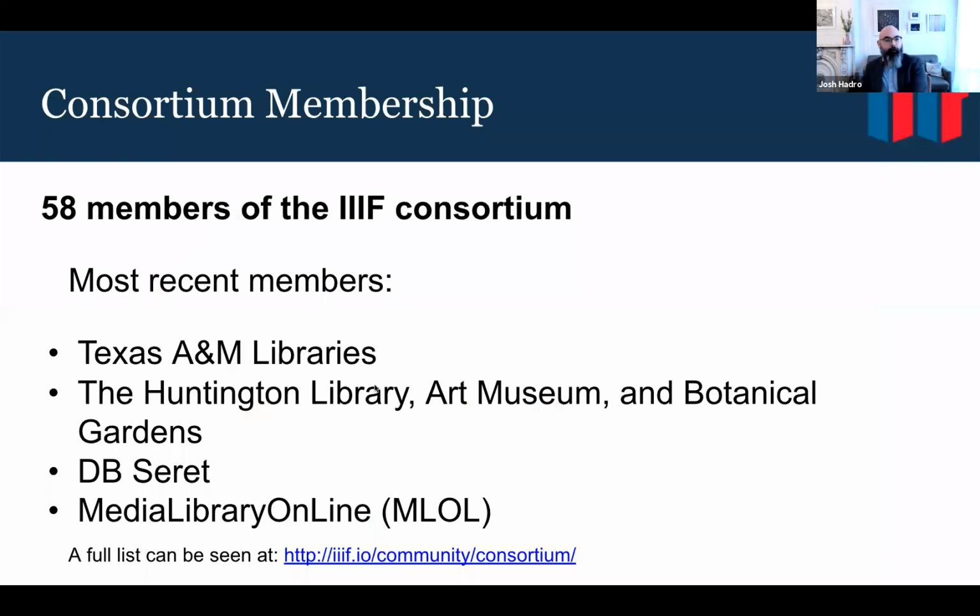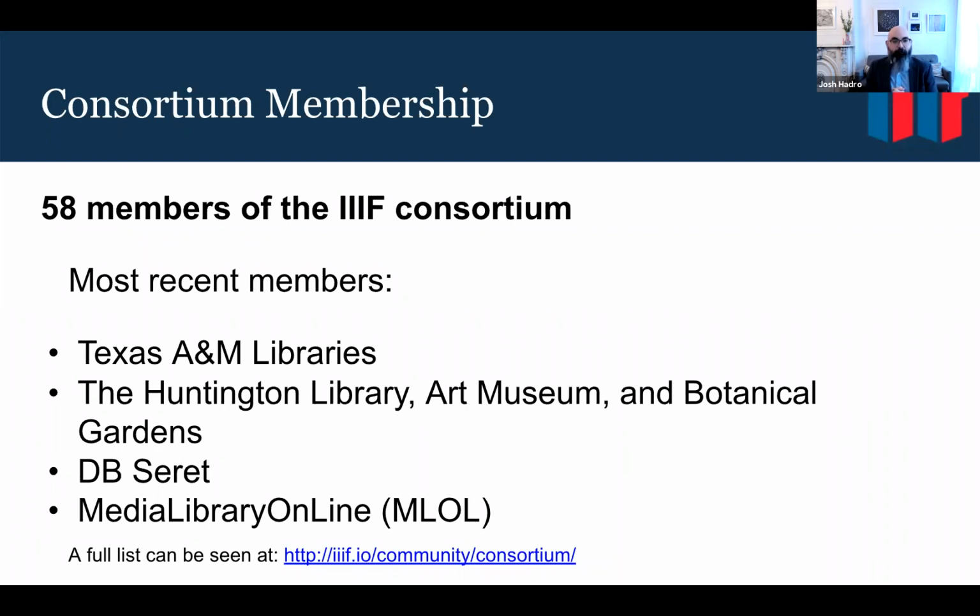And speaking of the consortium, the blue dots on that map, there are 58 members of the IIIF Consortium. This year, obviously, was super bizarre in many ways. We didn't add a ton of new members in the last year, but we did add a few. So really happy to have Texas A&M, the Huntington Library, Art Museum, and Botanical Gardens, as well as DB Sarett and Media Library Online.